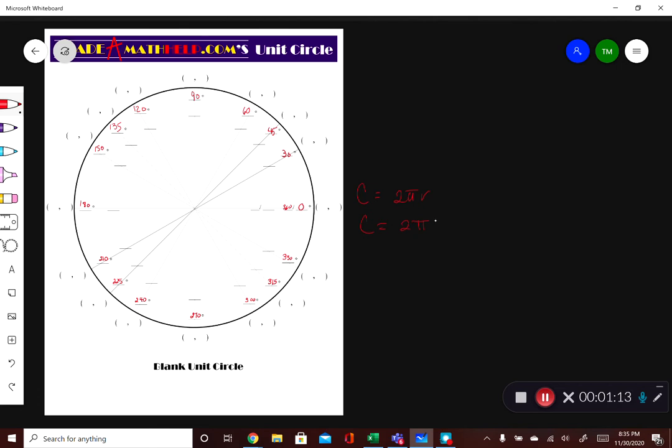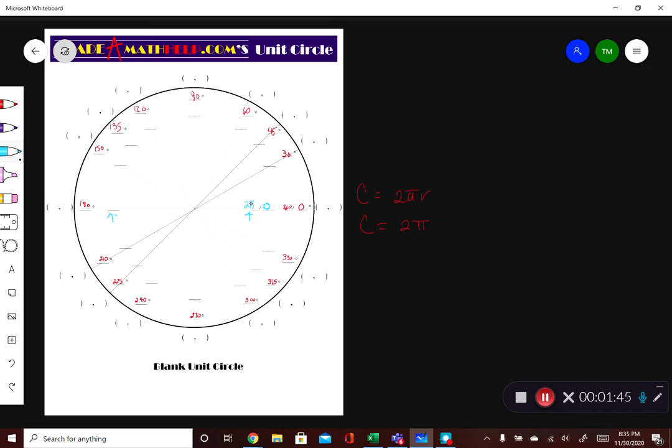So we can start off and immediately recognize that at this point we have 0 radians, and we know that going all the way around the circle once gives us 2 pi radians. So now I want us to break this down further and think about the other radian measures. If this is 2 pi, then what would 180 degrees be in radian measures?